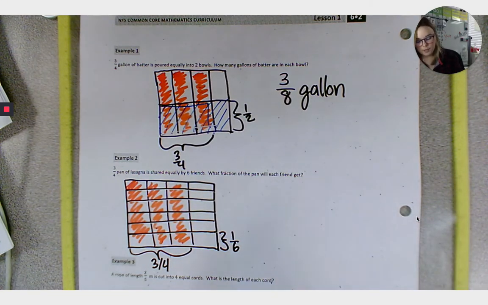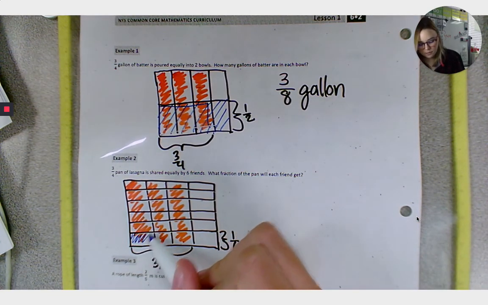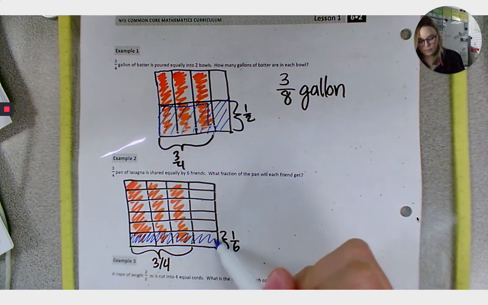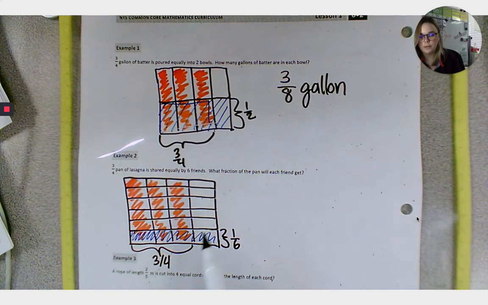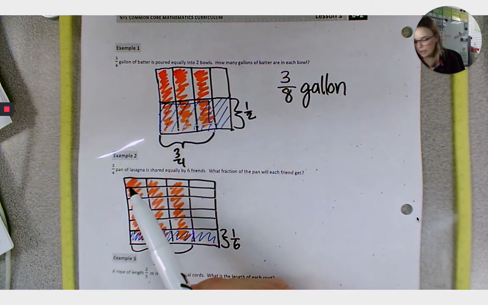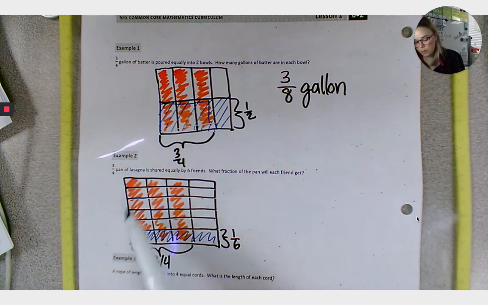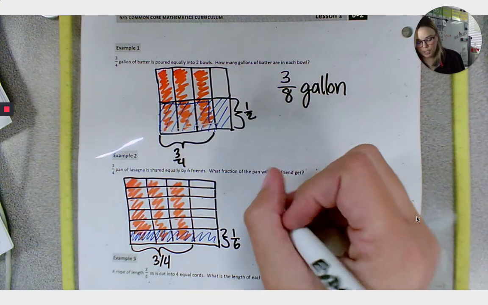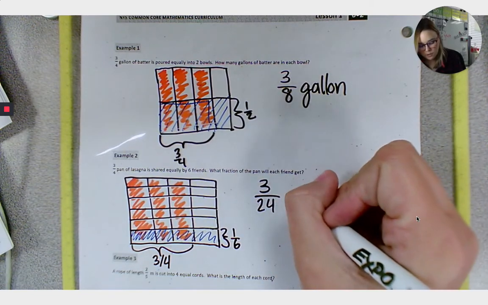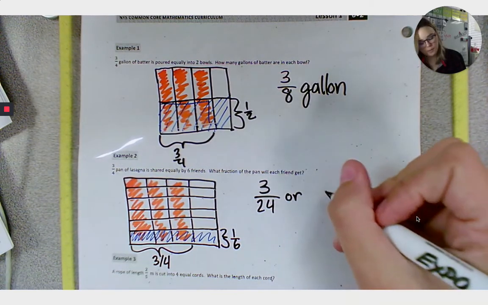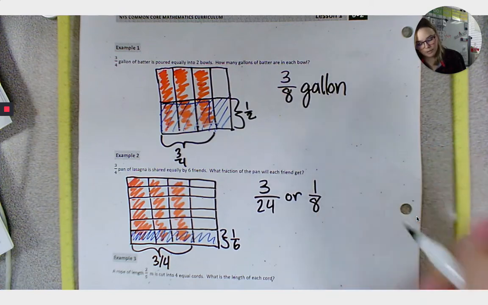So in our sixths, we're going to shade in our 1/6. And where those two colors overlap, that is our final answer. So we have 24 pieces. We have 3 that are shaded in. So we have 3 24ths, or we can reduce this to become 1/8.